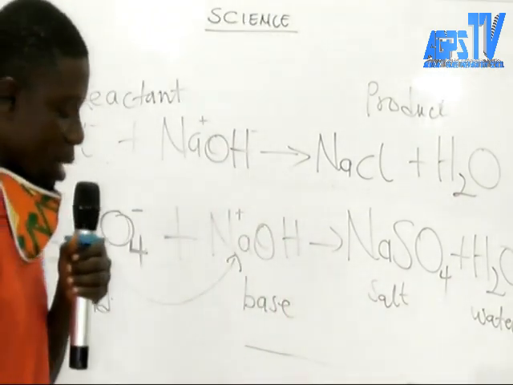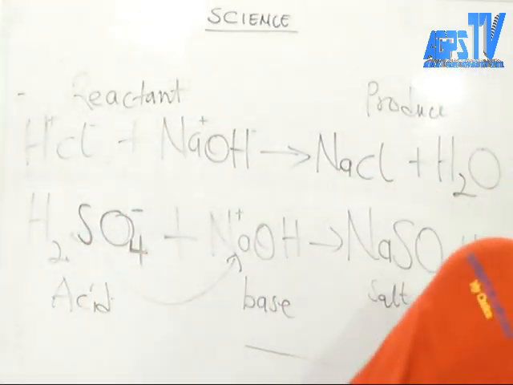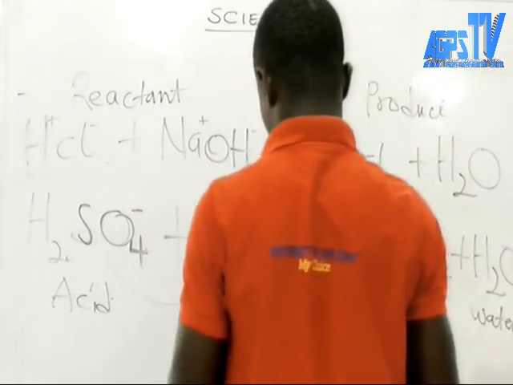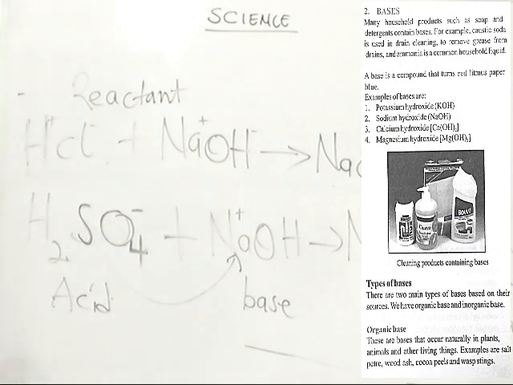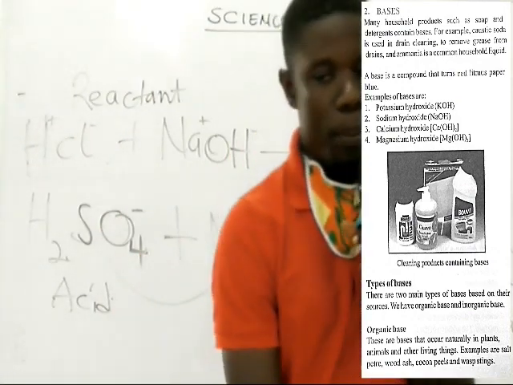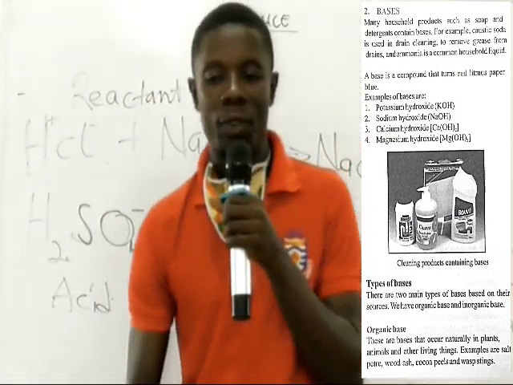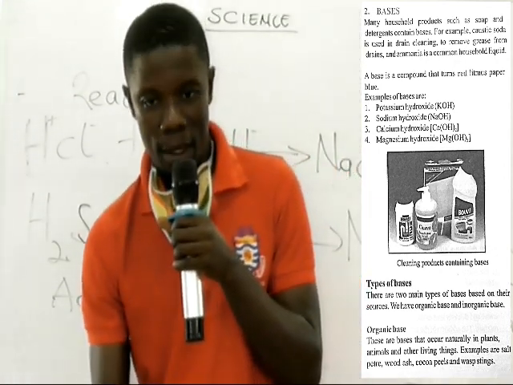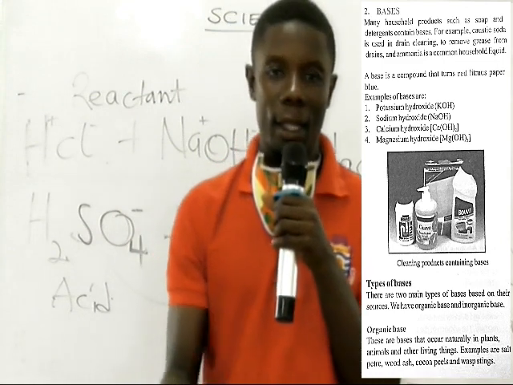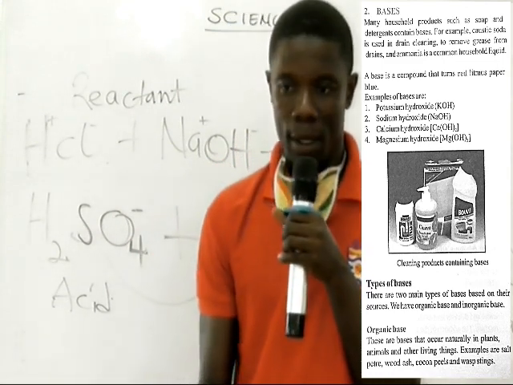Now, without wasting time, let's go to base. Let us define base. The definition of a base is the opposite of the definition of an acid. So if you know how to define an acid, then automatically you can define base.